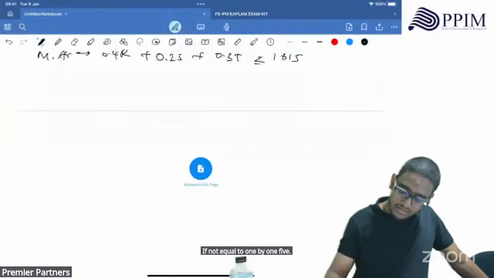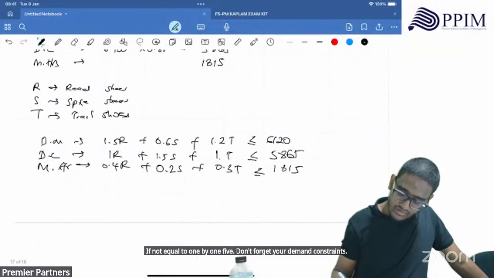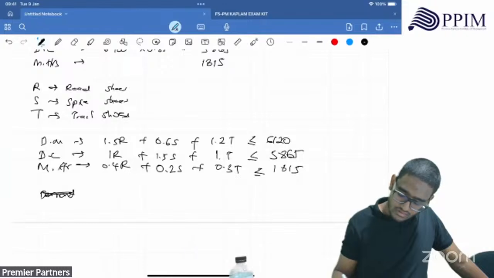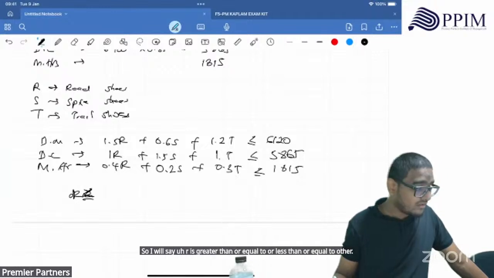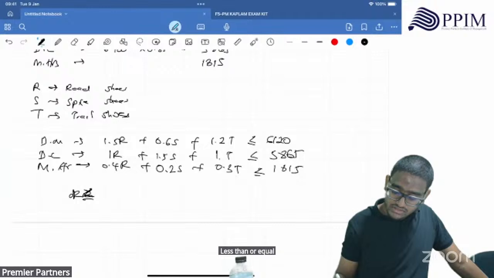Don't forget your demand constraints. So I will say R is less than or equal to 2,300.